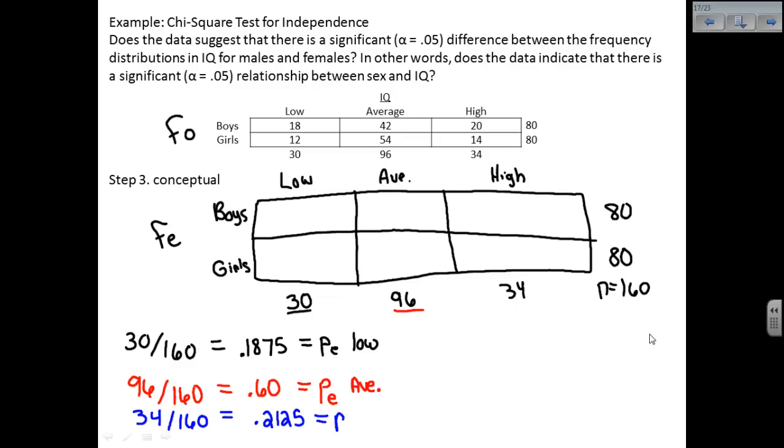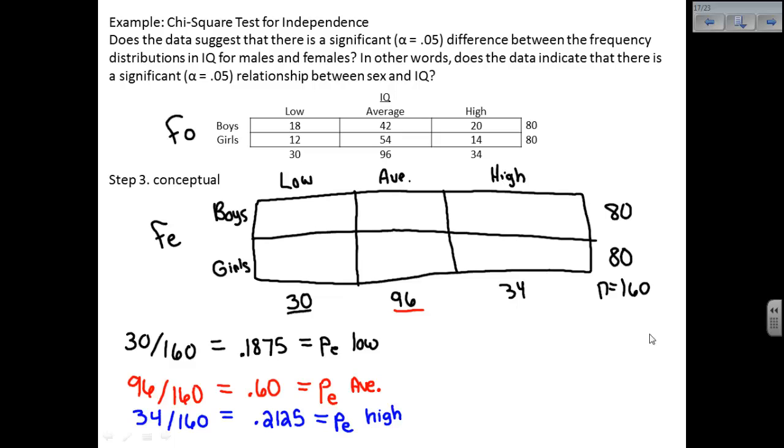So we would expect that, in other words, 21.25% of the boys and 21.25% of the girls would have a high IQ if sex and IQ are independent, and the distribution of IQ scores is not significantly different for males and females. Or in other words, there's no significant relationship between IQ and sex.